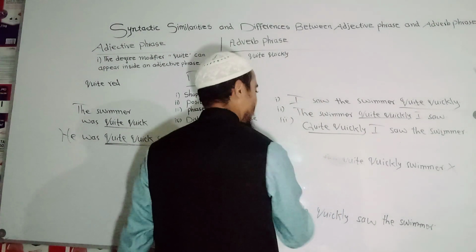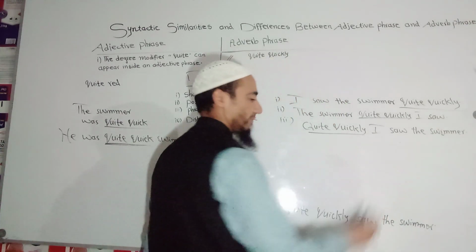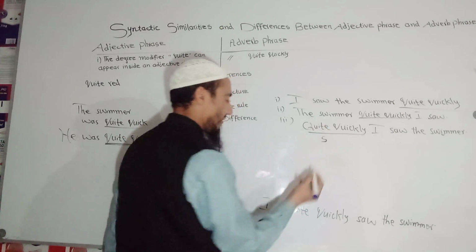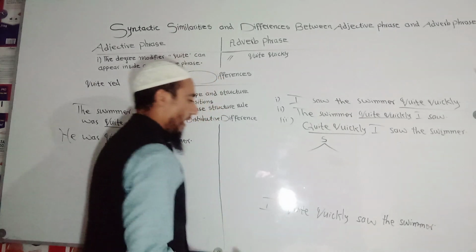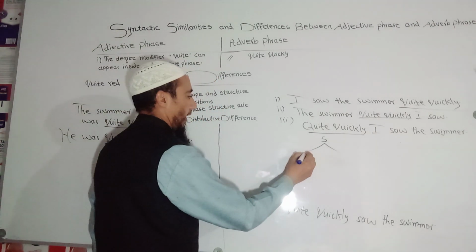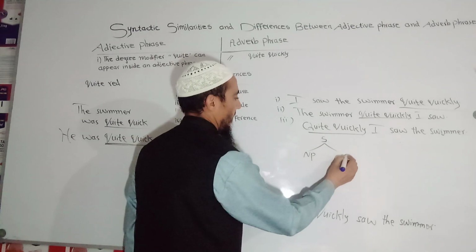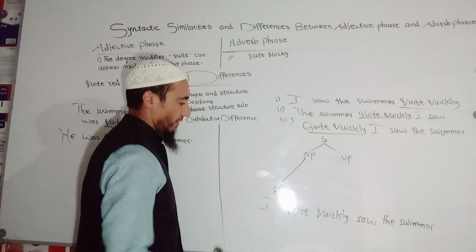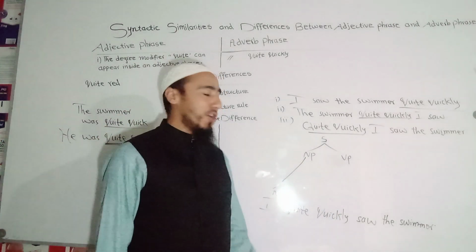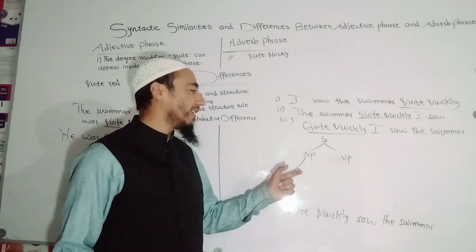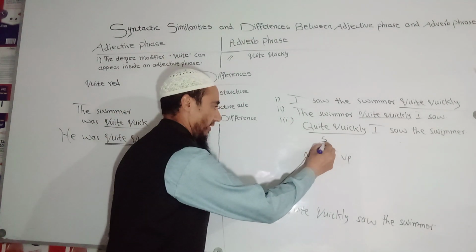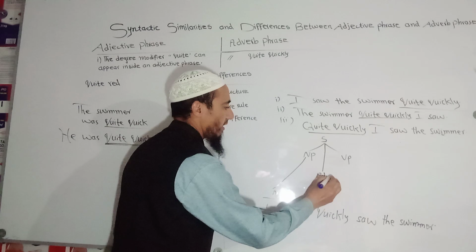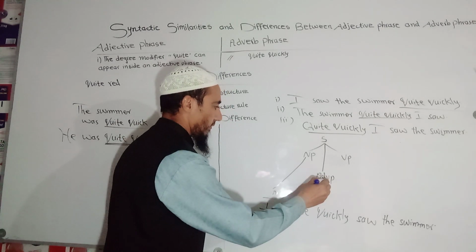I'll draw a tree diagram for it. Now you see, this is S, meaning sentence, and then we have NP and VP. NP is I. Now we are taking a separate string for the adverbial phrase, quite quickly, that is ADVP, meaning adverbial phrase.